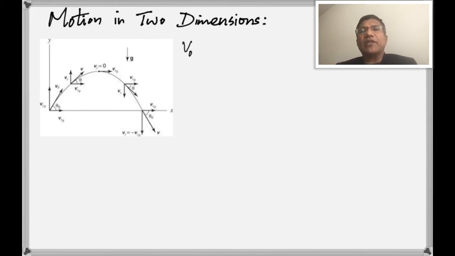Now, we can treat these two components separately to find three quantities. Number one, we can find the time that it takes to go from the point of projection to the landing point. We can find the horizontal displacement, and we can also find the maximum height. So the time, the horizontal displacement, and the maximum height.